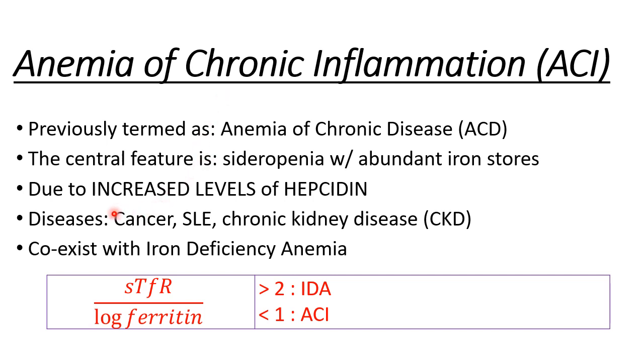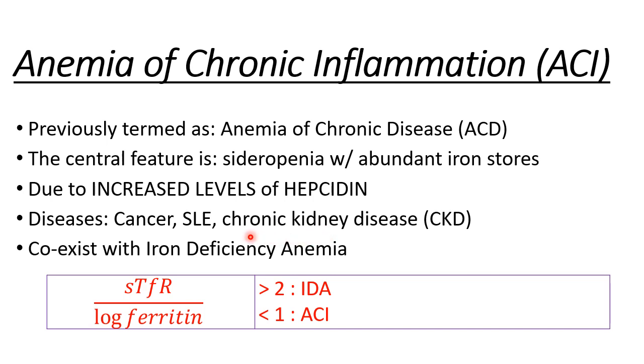So, halimbawa, in cancer patients, no, and in SLE, ano yung ibig sabihin ng SLE? Systemic lupus erythematosus, no? CKD naman, chronic kidney disease. So, meron silang common denominator na they cause extreme inflammation in more than one organ.